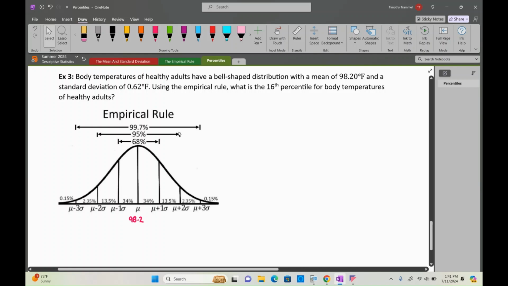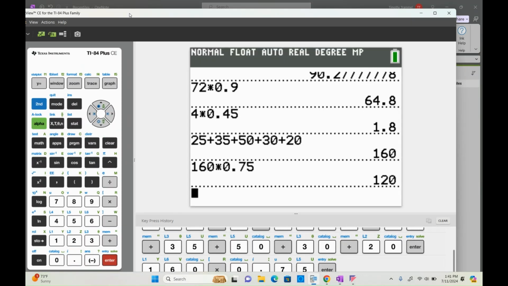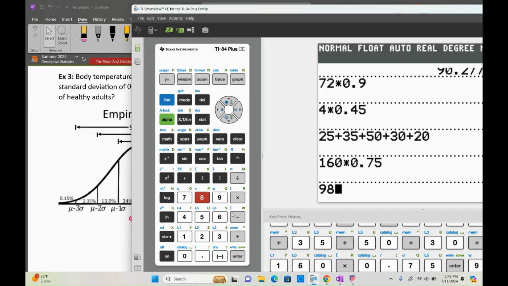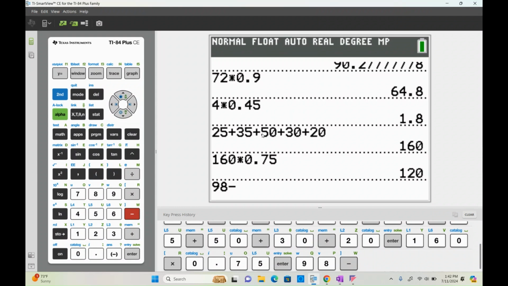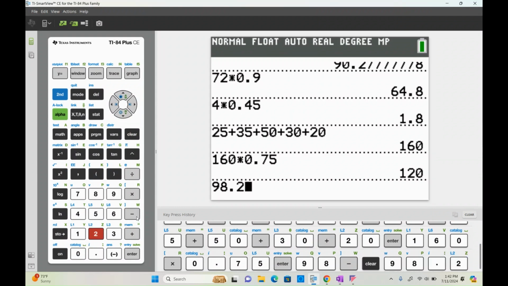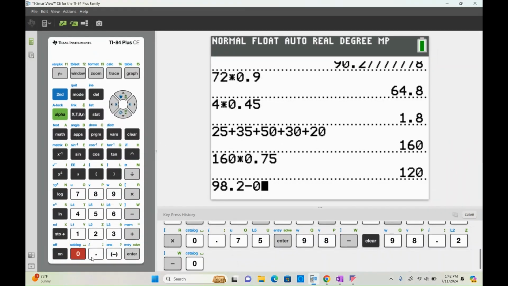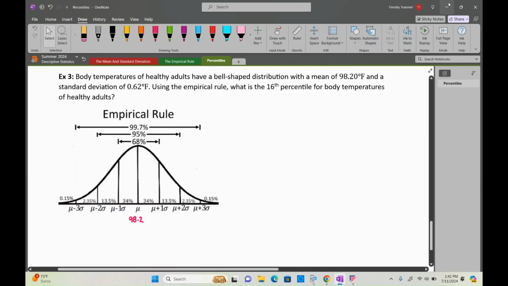And then we want to subtract 0.62 from that. Actually, I'm only going to need the left side of this. So it's 98.2 minus 0.62. So let's record this one, 97.58.